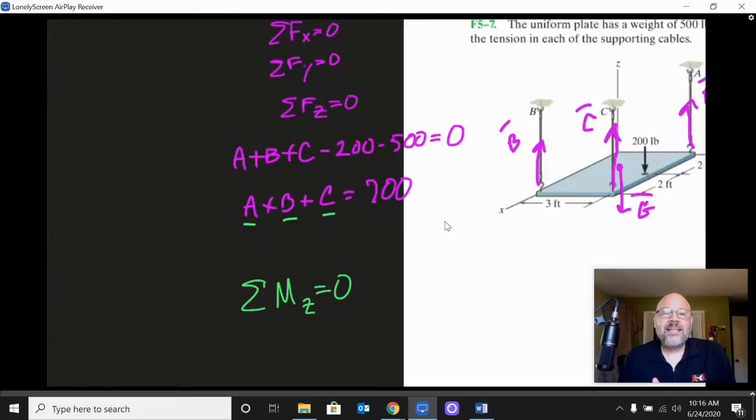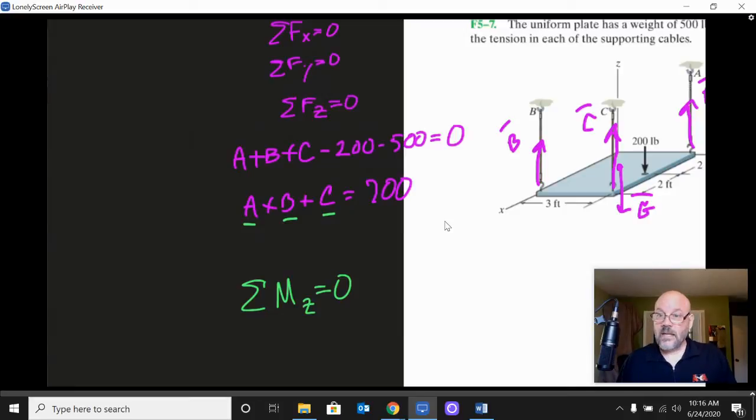So what we did previously, like I was saying, we looked at the moments, and what we were really doing is looking at the moments in the Z direction. And then we would pick, well, do we want to look at the moments around point F or point B or point A? So we had to work all that out.